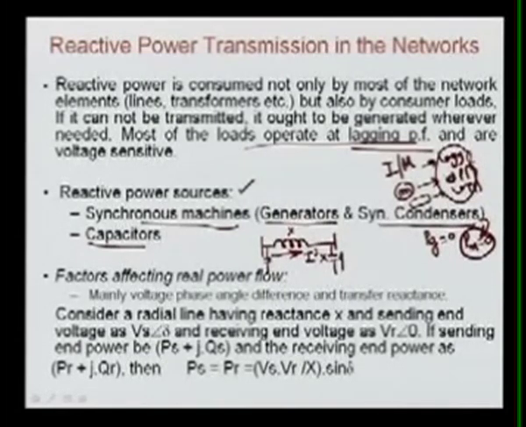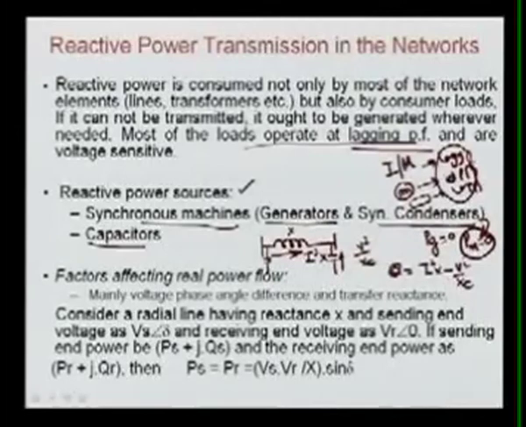So this is injecting reactive power, that is V square upon Xc. So the total reactive power, whether the line is supplying or absorbing, depends upon I square X minus V square upon Xc.